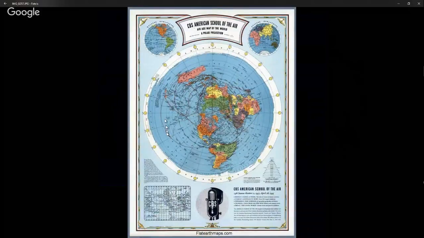Here we got another flat earth map and it's based on the School of Air. It's an air map for pilots.